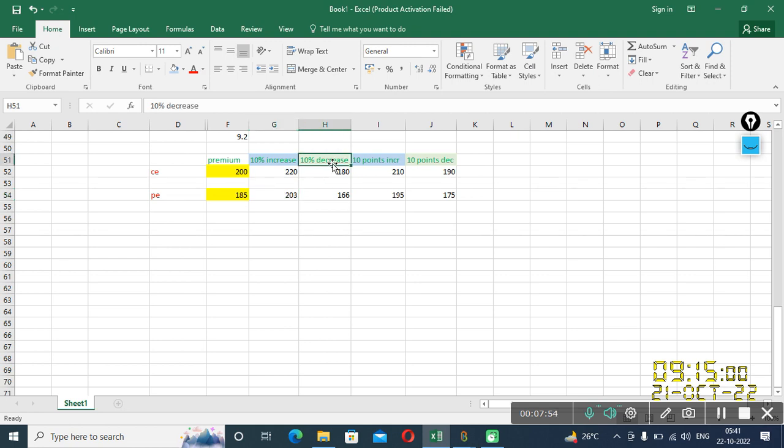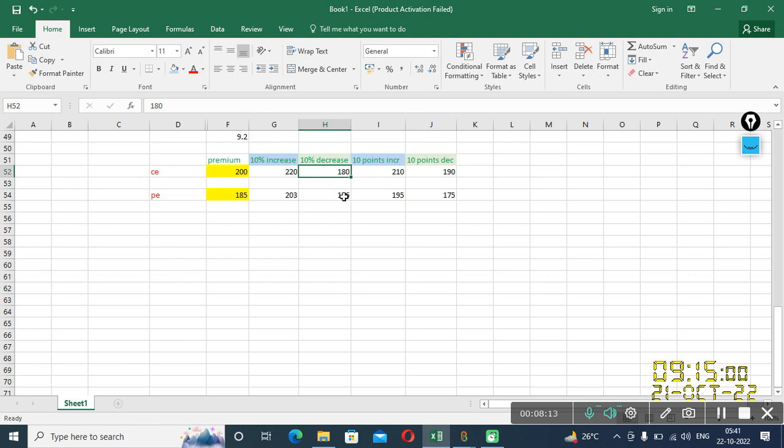I want my premium to decrease by 10% and then only I will enter into the trade. That means in case of CE leg, if price reaches 180, then only enter into the trade, else let it be.